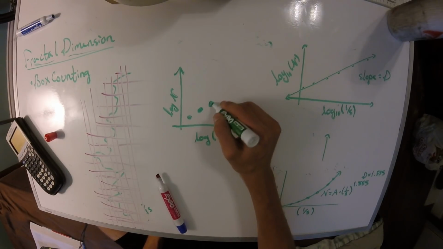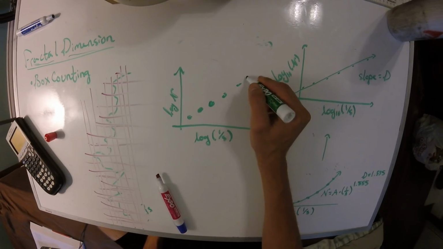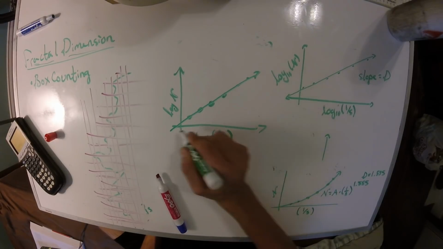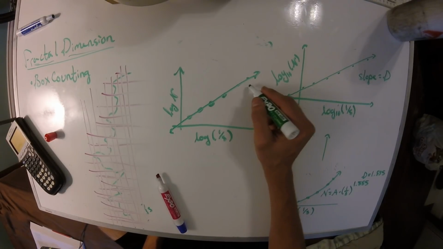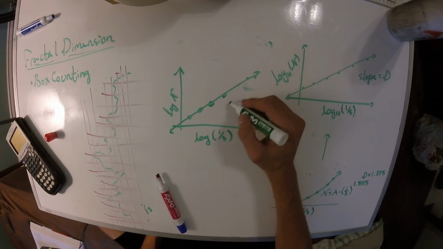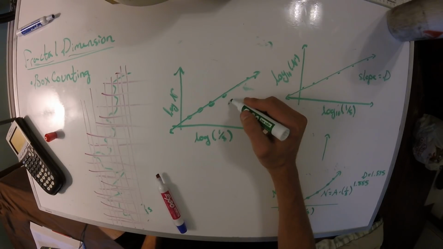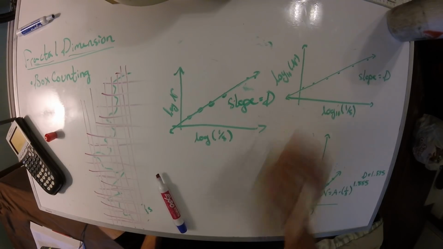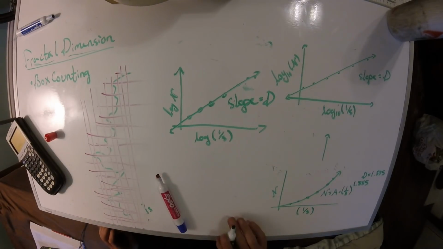And then you keep doing that, you take a line of best fit. This line's slope is equal to the dimension of this coastline.